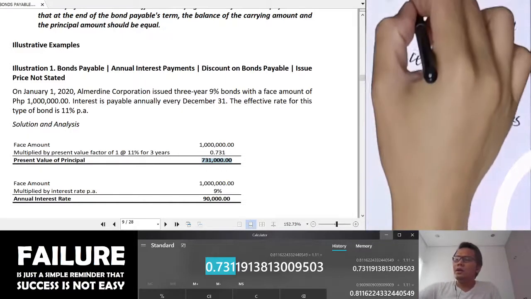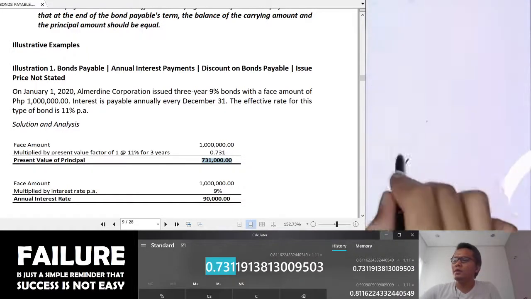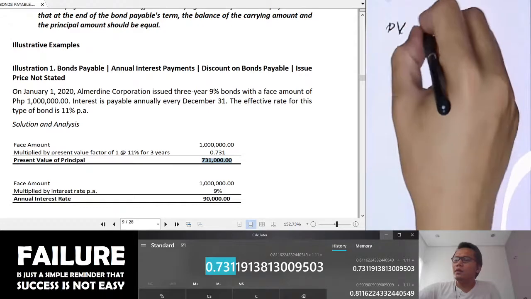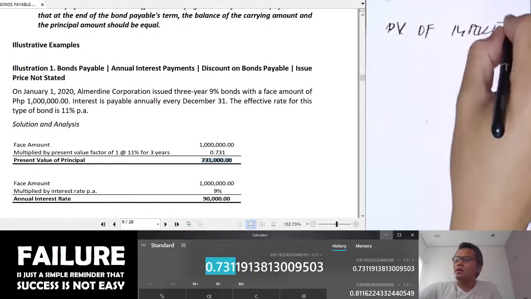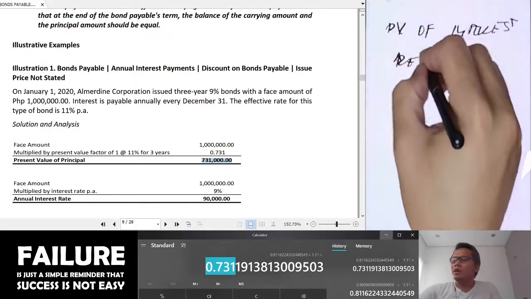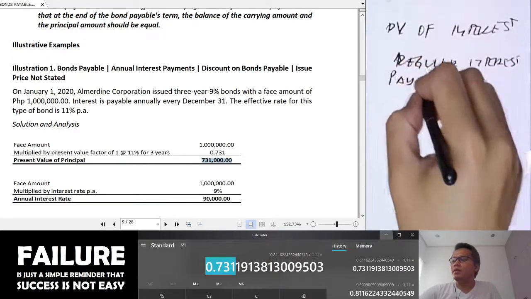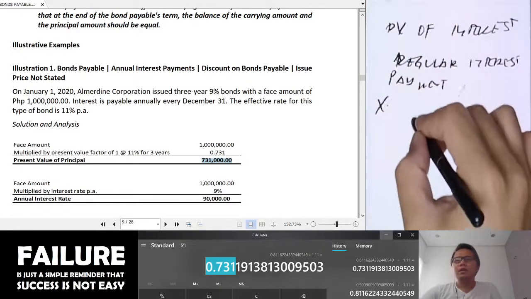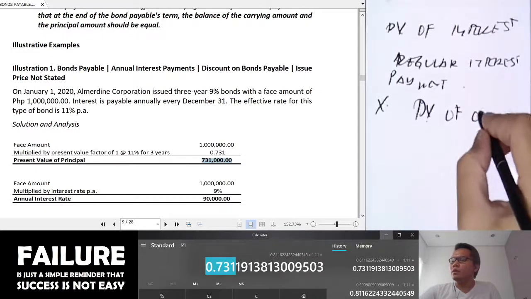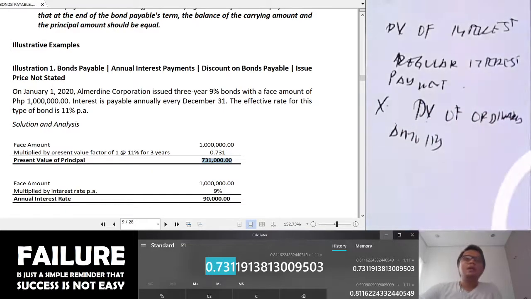Next is the present value of interest. The present value of the interest is your regular interest payment multiplied by the present value of an ordinary annuity, because interest is a cash flow which is uniform and multiple.